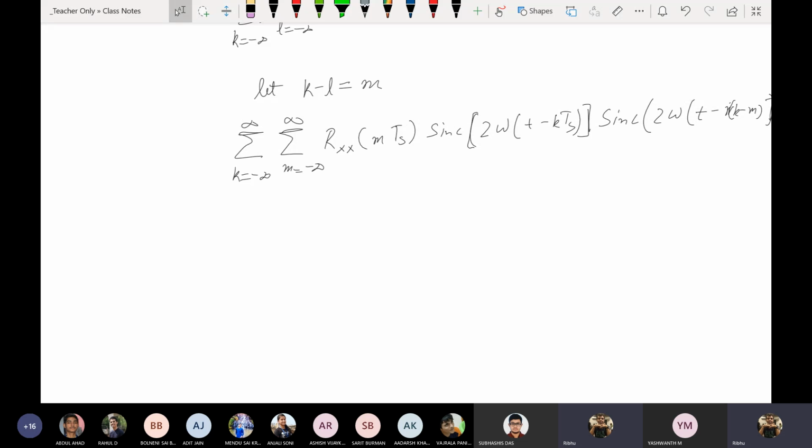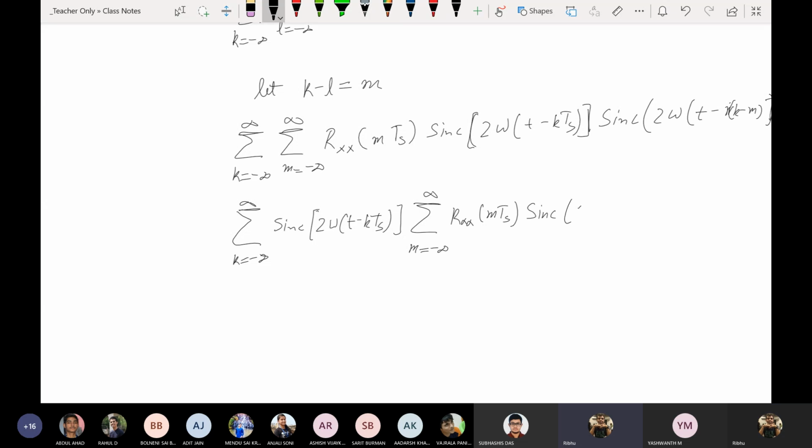Since this is okay, we now try out something even bolder. Summation k from minus infinity to infinity, sinc(2Wt minus kTs), summation m from minus infinity to infinity, Rxx(mTs) sinc(2W((k minus m)Ts)). Fine.